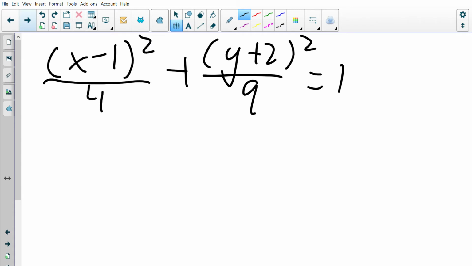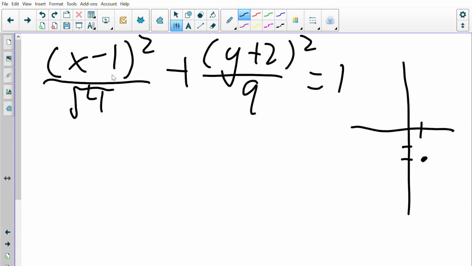Okay, so for our next one, my center is at 1, -2. Then I need to find my vertices. So I'm going to square root, and so this is 2. So one of my vertices is 2 to the right and 2 to the left.